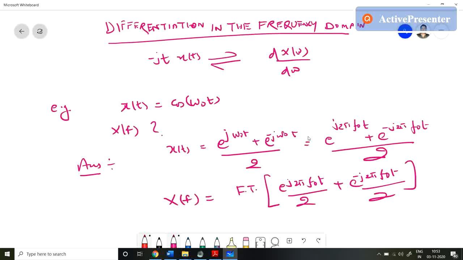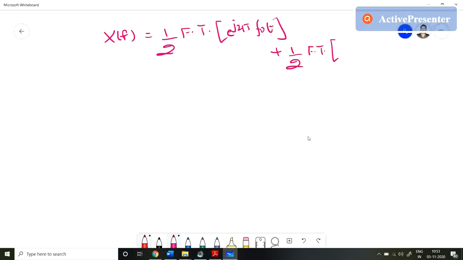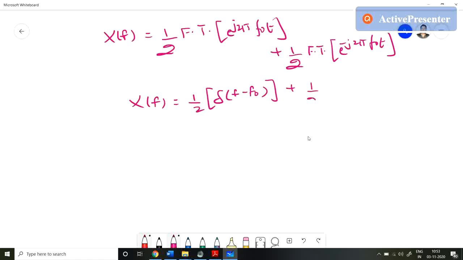Now the Fourier transform X(f) is equal to 1 by 2 times the Fourier transform of e raised to the power j 2 pi f naught t plus 1 by 2 times the Fourier transform of e raised to the power minus j 2 pi f naught t, so X(f) is equal to 1 by 2 delta(f minus f naught) plus 1 by 2 delta(f plus f naught).